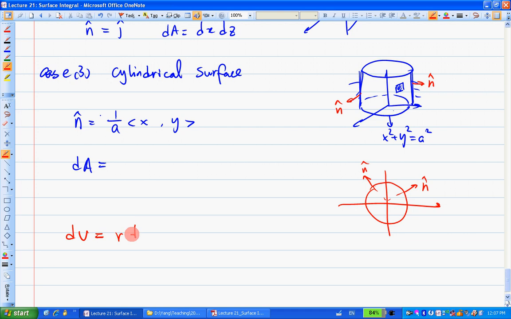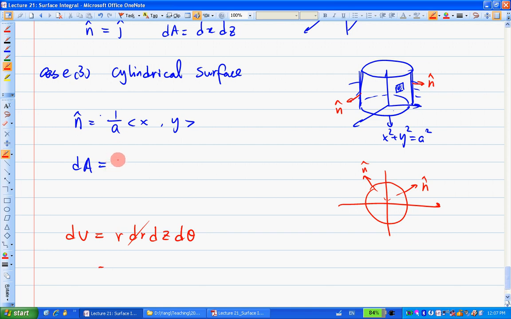We derived r dr dz d theta. Now here you have a cylindrical surface, so you're only concerned with the points on the surface, which means we're not concerned with dr. The r we're not changing; r is a constant.